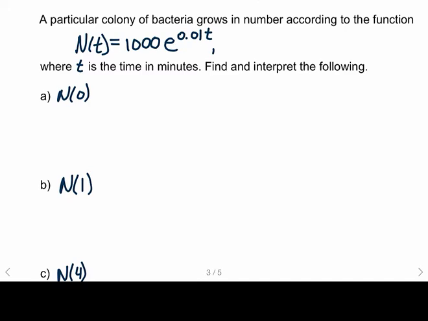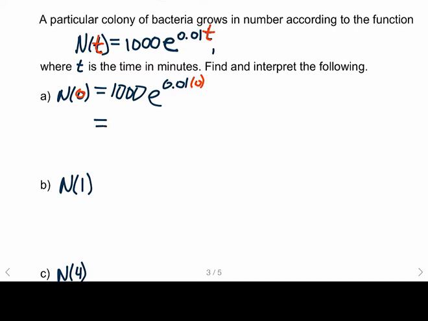Well, N(0) is going to be what happens when 0 is put in place of t. The reason I know that, by the way, is that N(t) is function notation, where t is the input variable. I also recognize that e is a number, and so there's only one variable in this expression, and that is the t. So N(0) is going to equal 1000e^(0.01 times 0). That makes an exponent of 0.